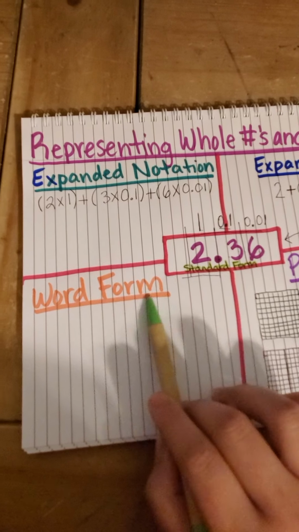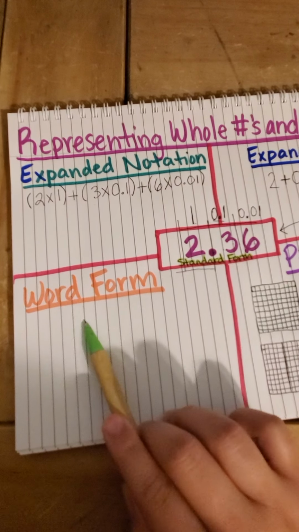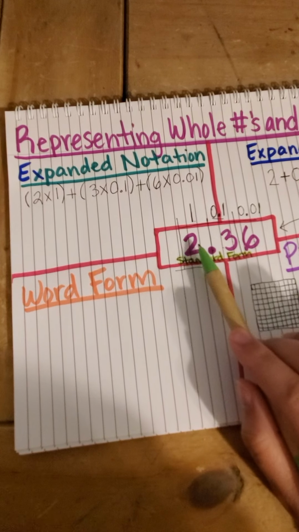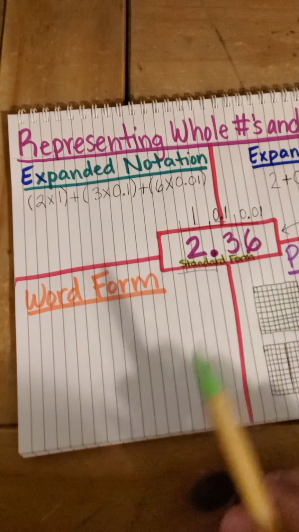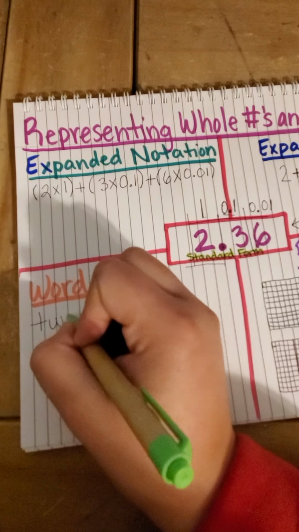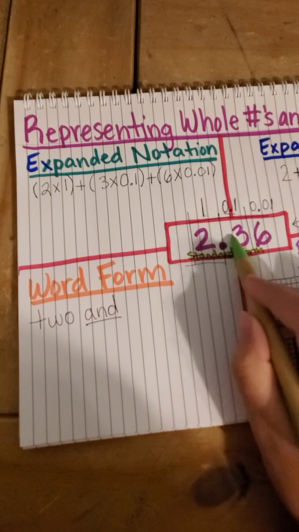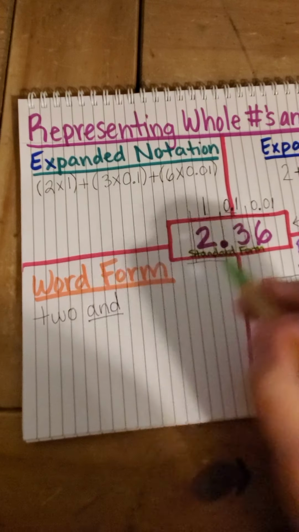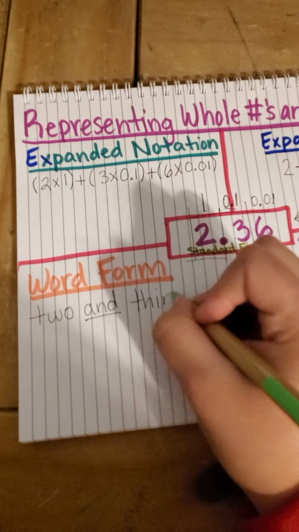So when I write it out in word form, remember, exactly how I read it is exactly how I write it. So this number, I read it 2 and 36 hundredths. So I'm going to spell that out. 2, and remember, we say the word and when there's a decimal. 2 and 36 hundredths.